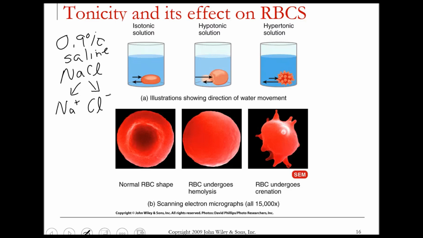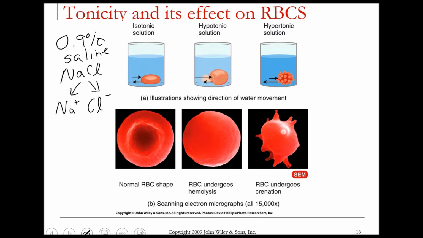There may be a few limited ion channels that will allow the sodium ion and the chloride ion to pass through, but there will be vastly more area for water to pass. So if you placed a cell, such as a red blood cell, in a different salinity of water, the primary movement is first going to be water.